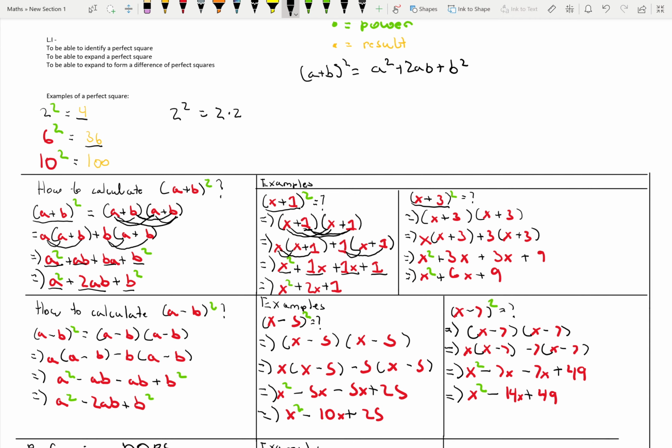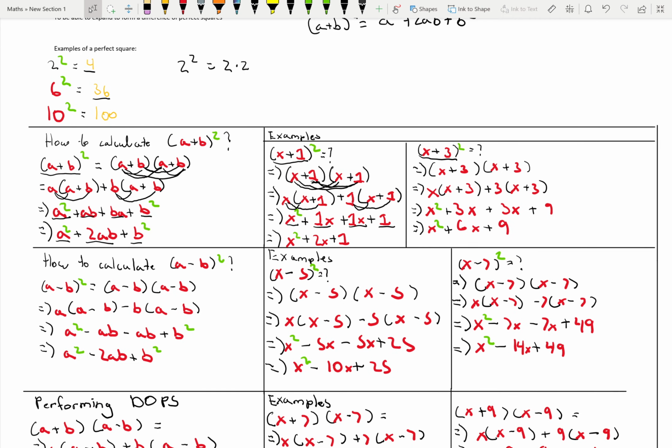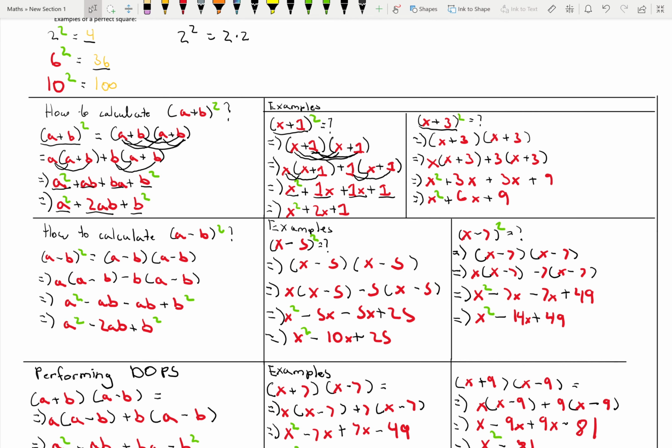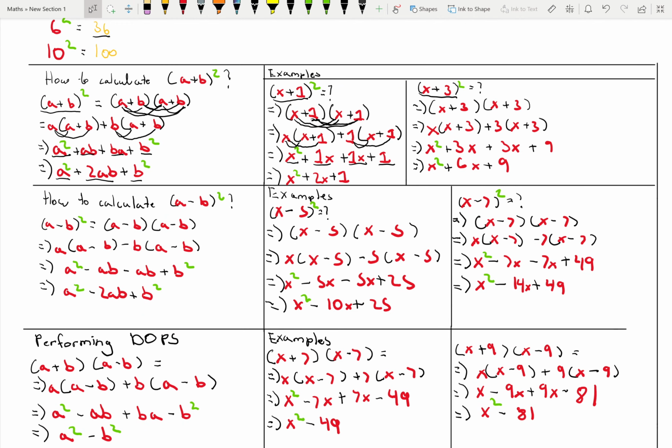Now, let's calculate (a minus b) whole squared. Well, again, using the same logic of multiplying an integer by itself in order to get a perfect square, we would simply do (a minus b) times (a minus b), because that's what would get us (a minus b) whole squared. And the way we do that is by, once again, applying the distributive law. We multiply a with a, and multiply a with minus b, and then we add that with minus b times a, and minus b times b.